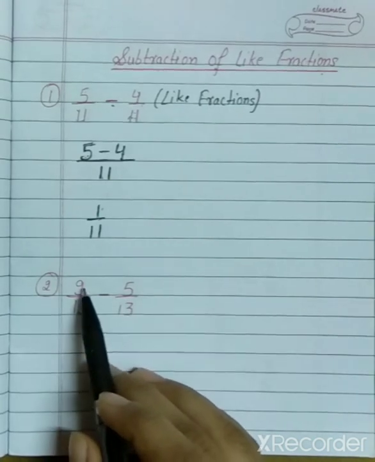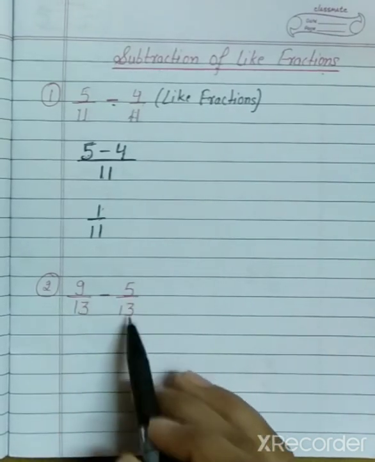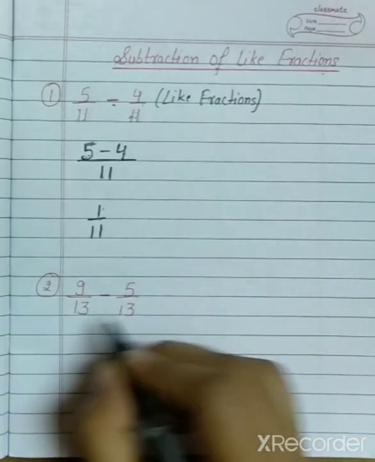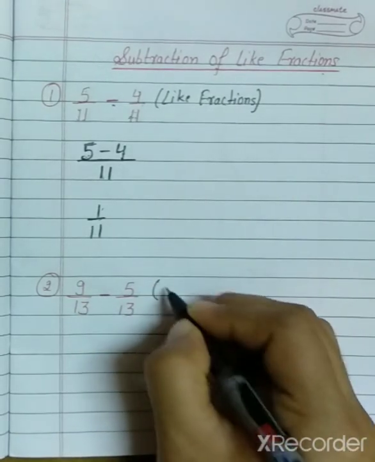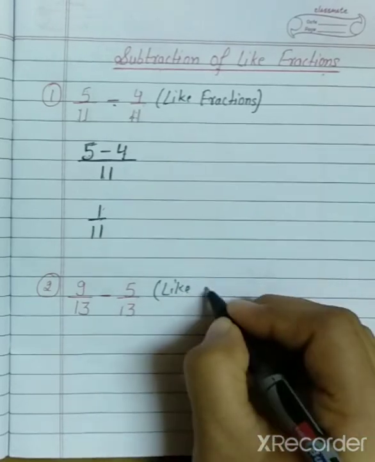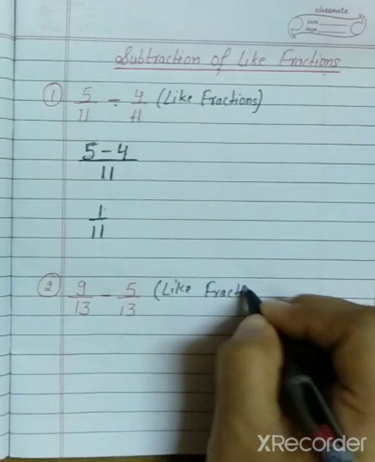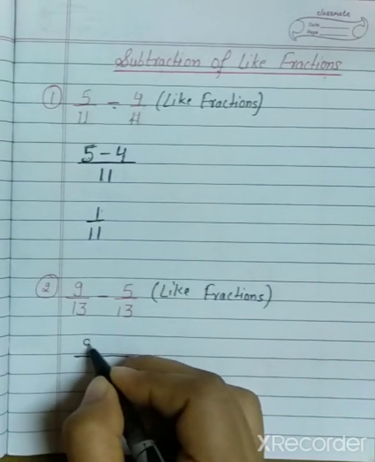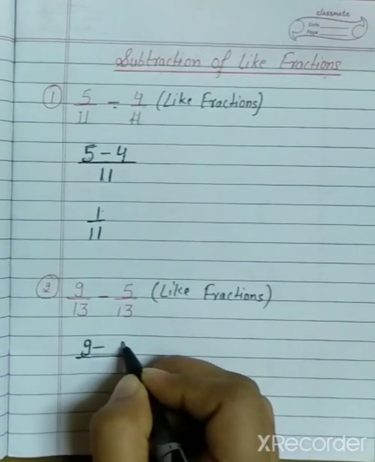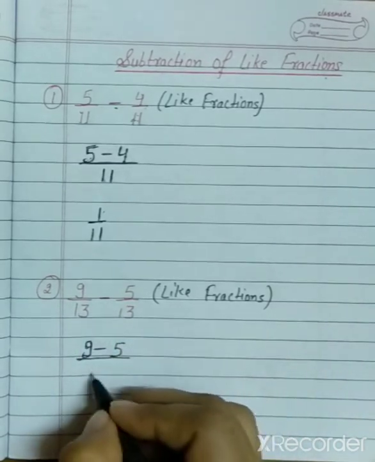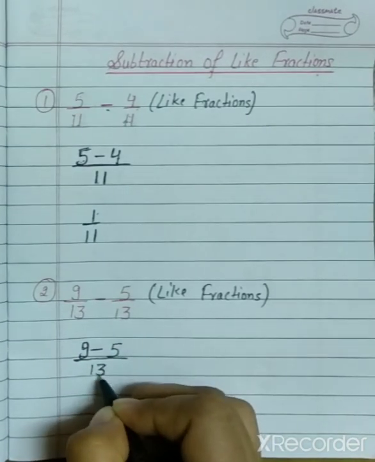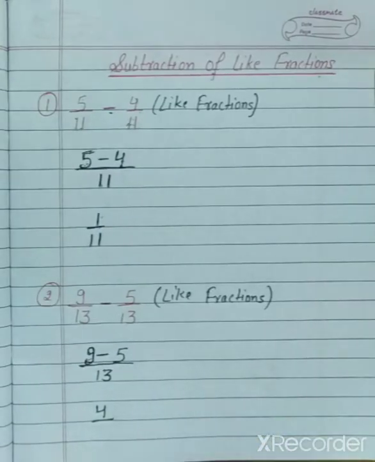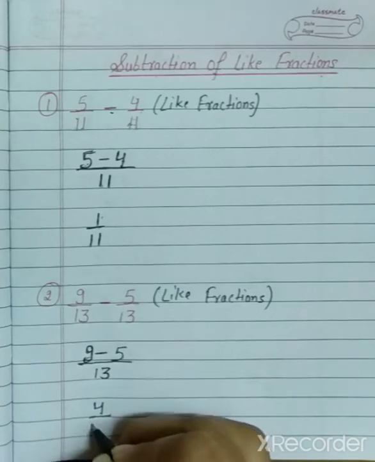Next one is 9 by 13 minus 5 by 13. These are like fractions because denominators are same. To subtract these fractions, we will just subtract the numerators, 9 minus 5, and retain the denominator as it is. 9 minus 5, 4, and denominator is 13.